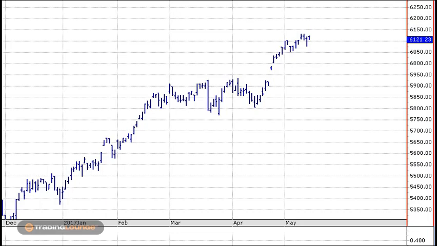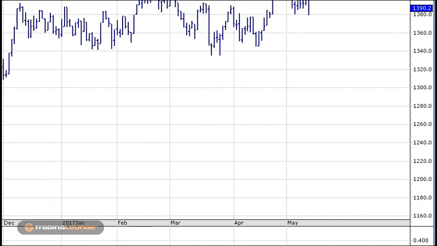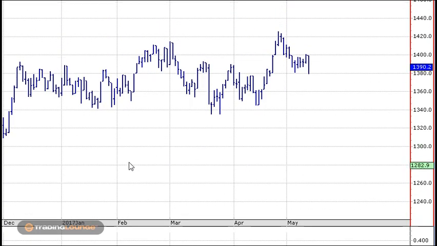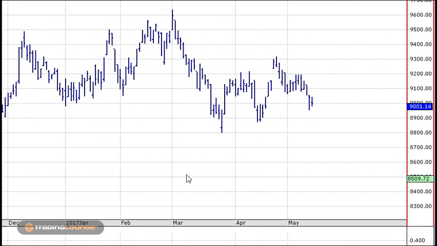So when we look at the Russell 2000, for example, you can see that it hasn't really moved along with the tech stocks. It's more in line with the S&P 500. When we look at the Dow Jones Transports for a moment, we can see that from this significant point here, this is still in a corrective mode.